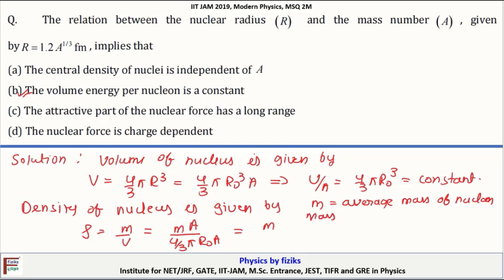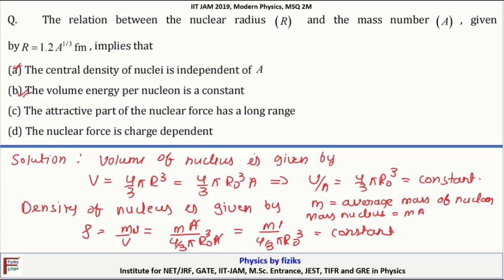Mass of the nucleus is m into A, so the A would cancel, so we would have m over 4 by 3 pi r naught cube, which is again constant. That means our option A is correct.